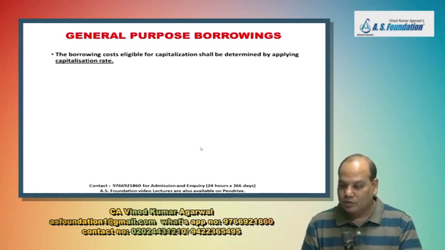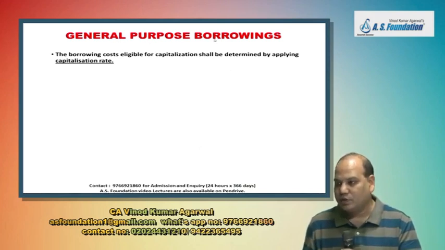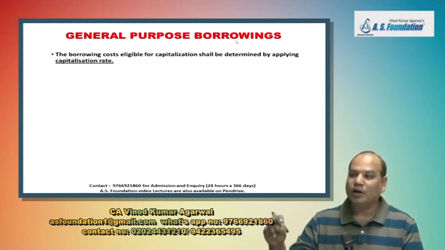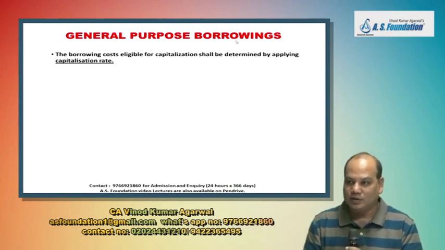Okay. Now the next is borrowing cost eligible for capitalization. General purpose borrowing. General purpose borrowing means there is no direct nexus between the borrowing and the qualifying asset, but the borrowing is attributable to qualifying asset.